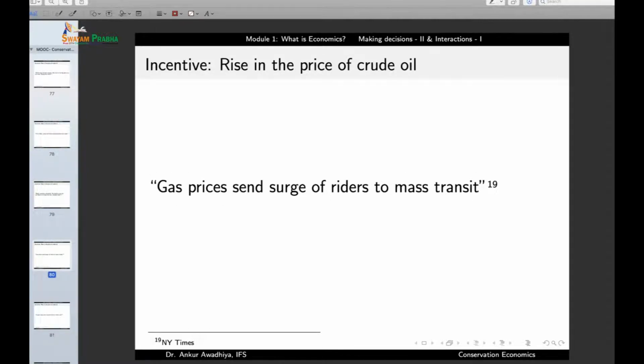So next, what happens? Gas prices send surge of riders to mass transit. This news article is saying that because of these large fuel prices, people are coming to the conclusion that we will not be able to afford the use of our vehicle to go to our offices or other places every day. So people are now shifting to mass transit.